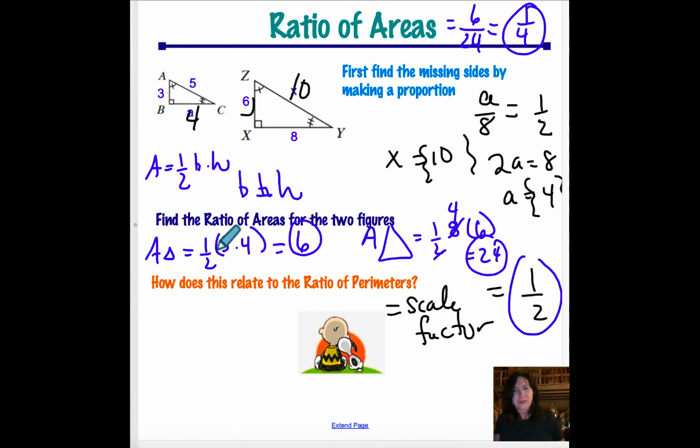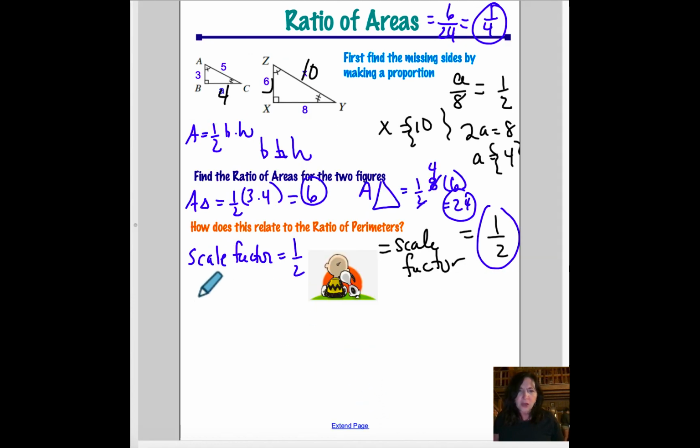And what you should figure out is this, is that we know that the scale factor is a value 1/2. We know that the ratio of the perimeter is also equal to the scale factor. And if you don't believe me, add the values up. We've got 5 plus 3 plus 4. That's what? 7 plus 5 is 12.